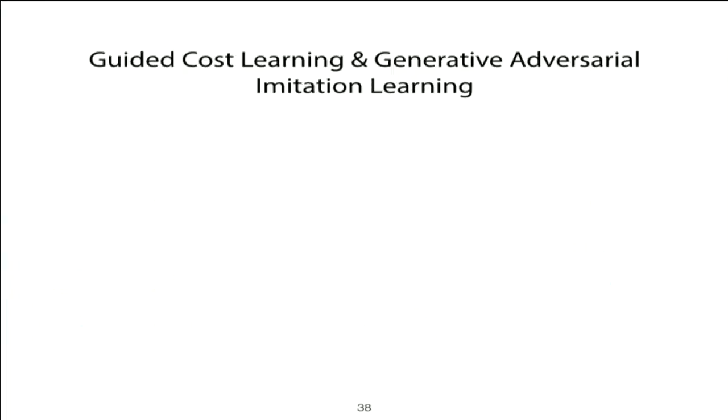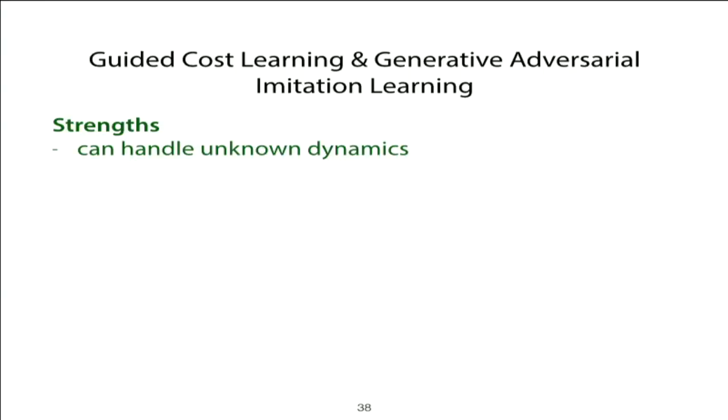Okay. So to conclude, I'd like to go over some pros and cons of these methods, and also open limitations for inverse reinforcement learning methods in general. These methods are, right now, the current state-of-the-art methods, and for your project, you might be interested in extending on them and building upon them and making them better. So the strengths are, first, that we can handle unknown dynamics by sampling.